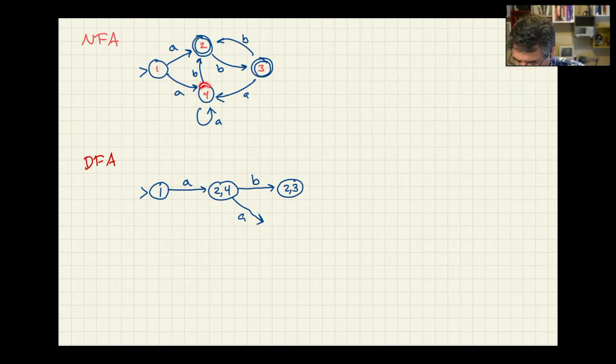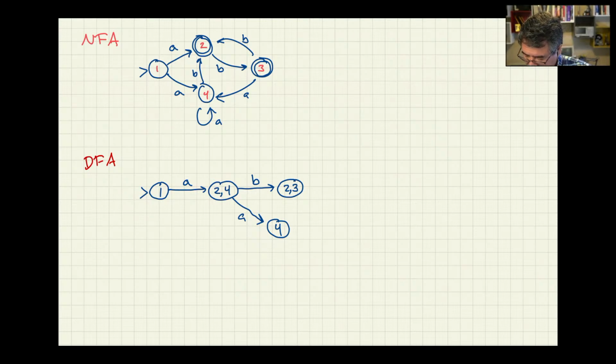So again, out of 2 and 4, there's a B that takes us to 3, and there's a B that takes us to 2. And then out of 2 and 4, there's an A that goes back to 4. Okay, I think we are done with 2 and 4.